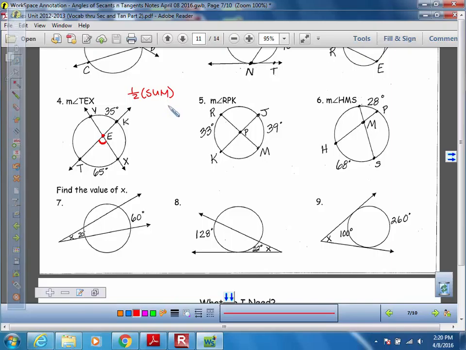So which two arcs are we using here? 35 and 65. So we would do 1/2 of 35 plus 65. That would be 1/2 of 100, and so half of 100 is 50. So our angle measure is 50.